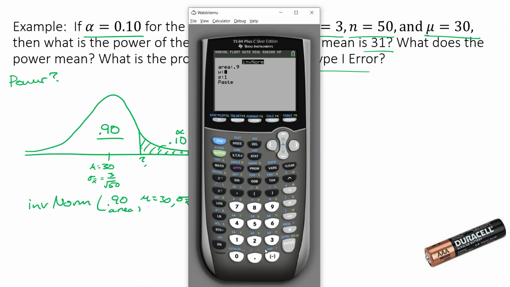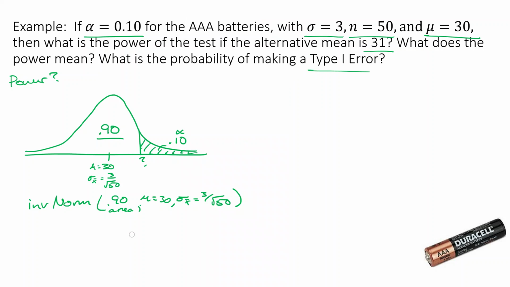Our mean is 30. Our standard deviation is 3 divided by the square root of 50, because we're taking samples of size 50. And this is a sampling distribution. And we get 30.544. That would be the sample mean where the rejection region would start, and everything above that we would reject.